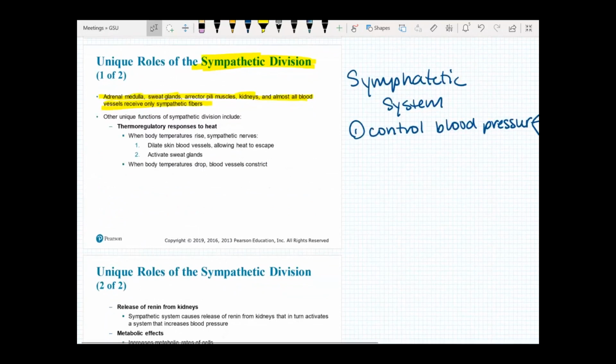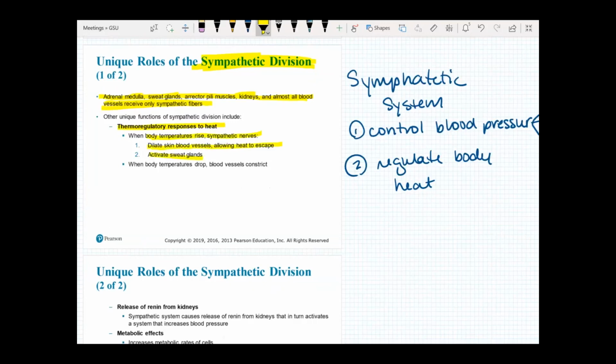It also is going to regulate body heat. Your sympathetic nervous system is responsible for regulating your body's temperature or your body's heat. And this is the thermoregulatory responses to heat. When your temperature rises, your sympathetic nerve will dilate your blood vessels, allowing heat to escape, activating your sweat glands.